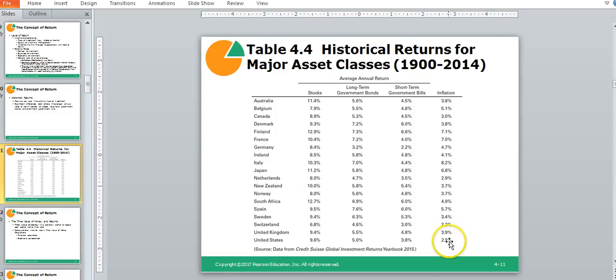And then lastly here, our average inflation rate is 2.9%. So prices increase on average 2.9% each year. So if we're only making 5% in long-term government bonds, but prices are going up 3%, what are we really making? The differential is 2%. That's what we're making on our investments.